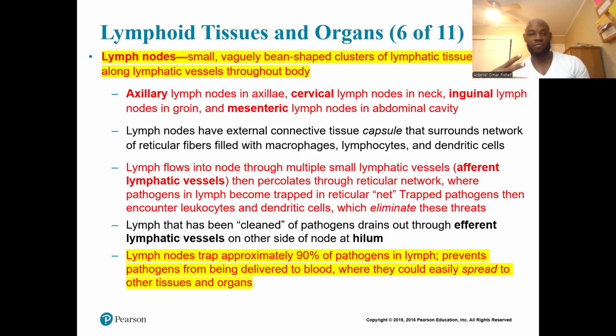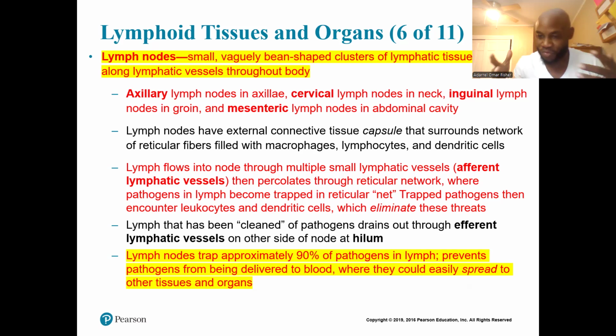Lymph nodes, lymph flows into these nodes and goes through this reticular network, this reticular tissue. Pathogens get trapped, and then leukocytes, dendritic cells, eliminate the threat, right?